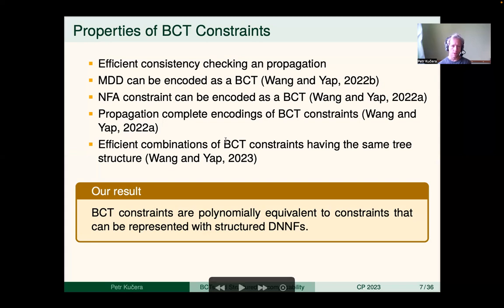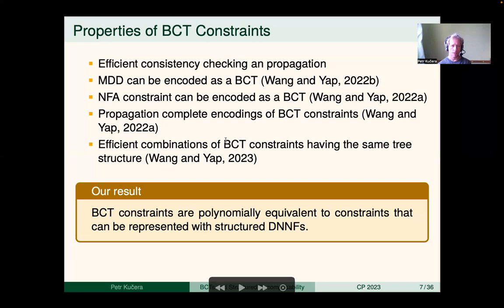It was also shown in the paper by Wang and Yap, in some of the papers actually, that multivariate decision diagrams can be encoded as BCTs. Constraints that can be represented with non-deterministic finite automata can be encoded as BCTs.